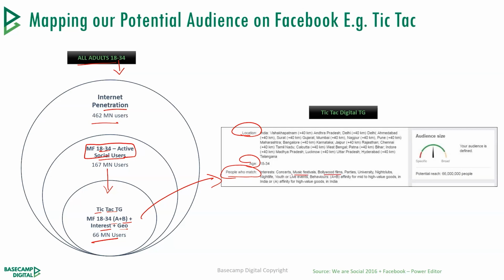Based on my TG, they're interested in music, Bollywood films, parties, university, nightclubs, live events, and behavior: affinity for mid or high level value goods. Based on that, Facebook will throw me a number, which in this case is 66 million. That's exactly what we are showing the client over here: this is our potential users who are there on Facebook.